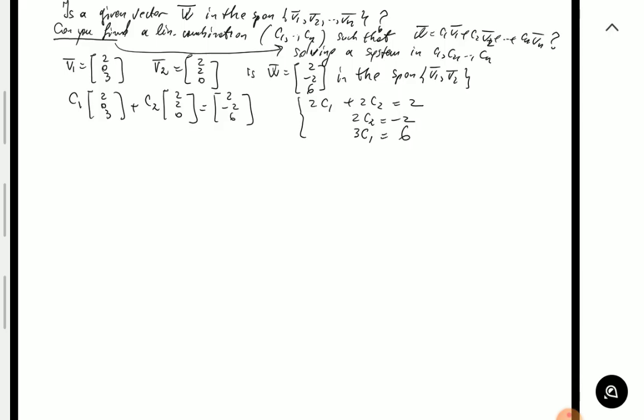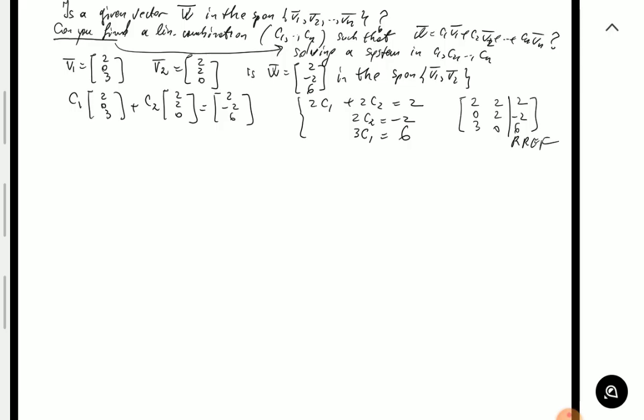Most of the time, if the question is larger or more complicated, one will have to bring the big tools of solving a system via row reduction. In this case, the matrix of the system will be 2, 2, 2 on the first row, 0, 2, -2, and then 3, 0, 6, and then proceed with reduced row echelon form.